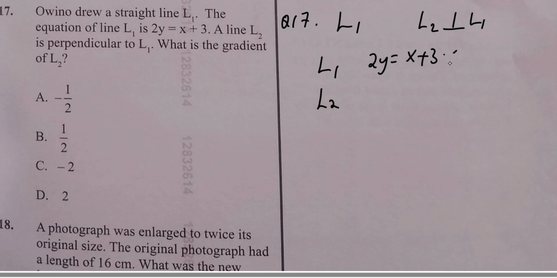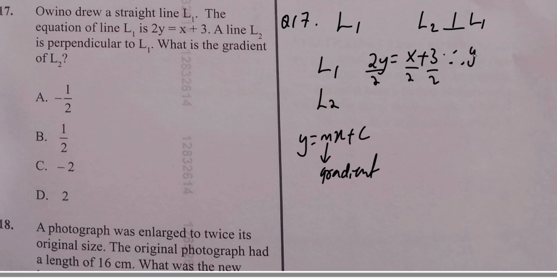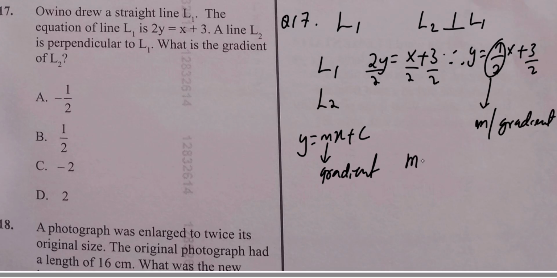We don't know the gradient. So first, let's make this in the form of y equal to mx plus c, so that we get to know the gradient that is behind x. So you divide by 2, which gives you y equal to x over 2, or you can write it as a half x plus 3 over 2. So basically a half is your m, the gradient. Now we know that for perpendicular lines, m1 times m2 equal to -1.